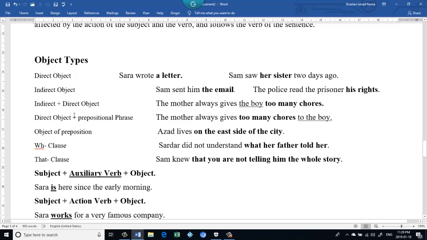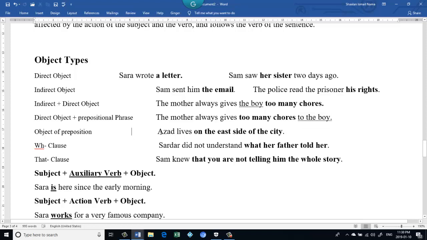Sometimes maybe you could have direct object with prepositional phrases. For example, the mother always gives too many chores to the boy. Same thing here: subject, then gives the verb, then we have direct object, then we have the prepositional phrase, which is to the boy. Then object of preposition.